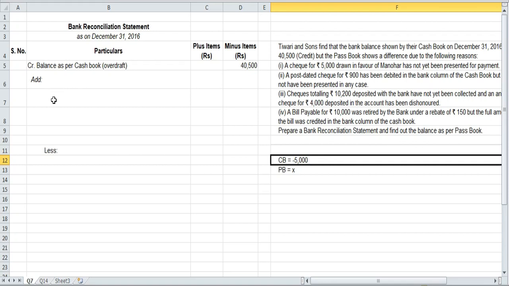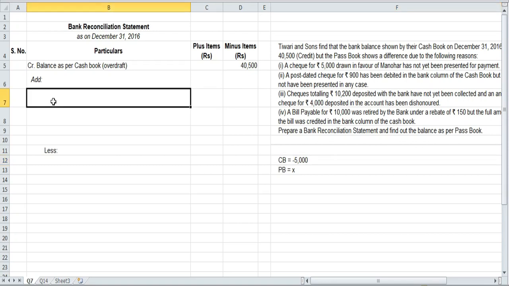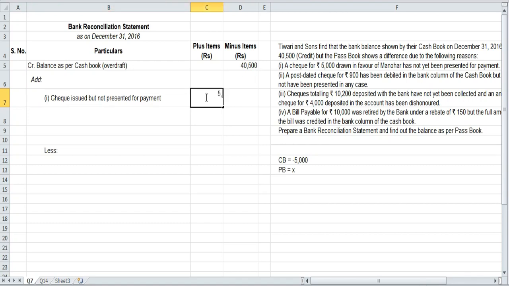So we'll write here add, this is number 1, check issued but not presented for payment, and we'll write in the plus side 5,000.